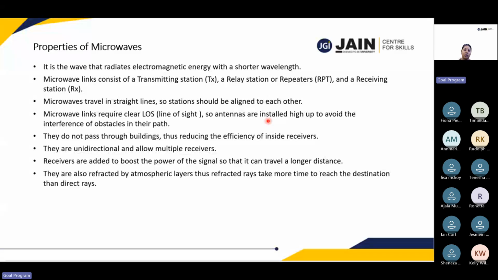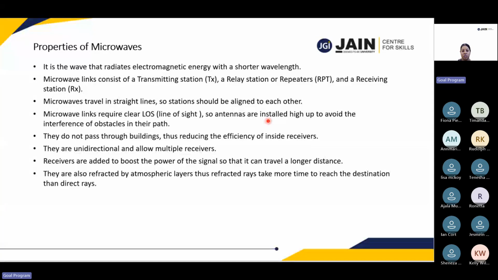So they cannot cross any obstacles. That's the reason, to avoid obstacles or interference, we install these antennas on huge, tall structures. Otherwise they can't pass through the buildings or anything. If they have to pass through buildings, it will reduce the efficiency of the microwave signals.